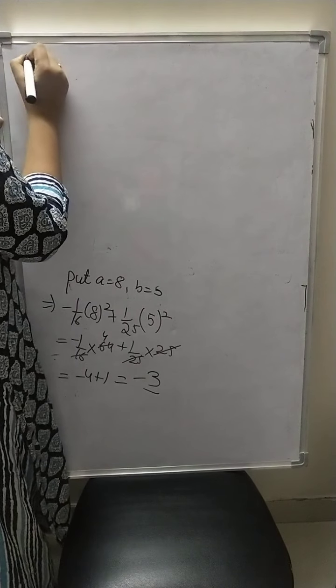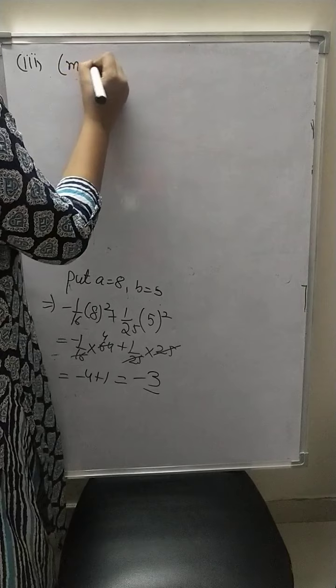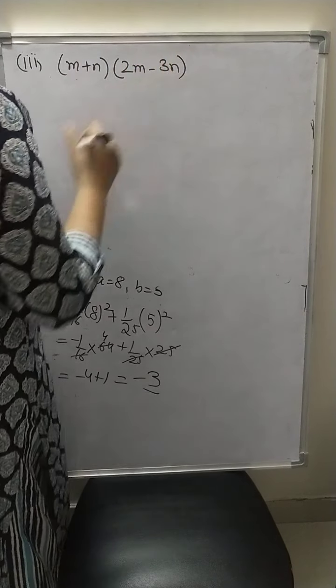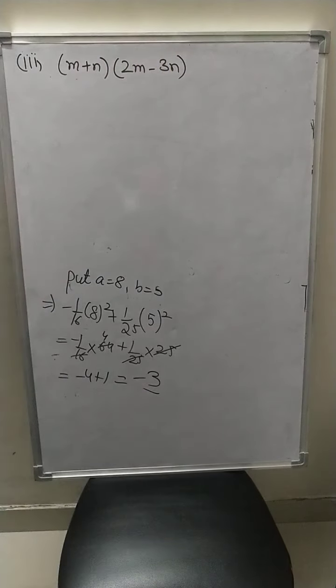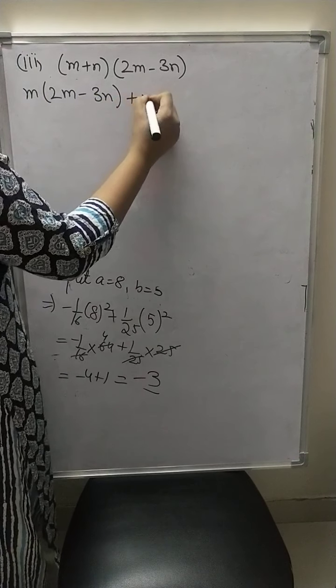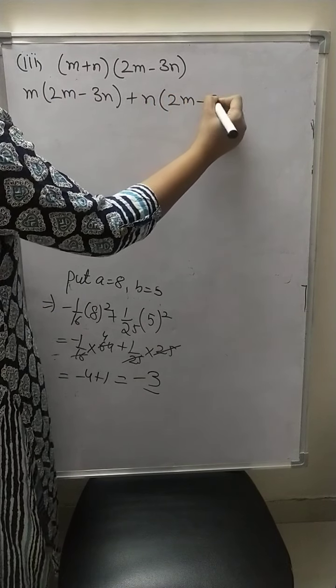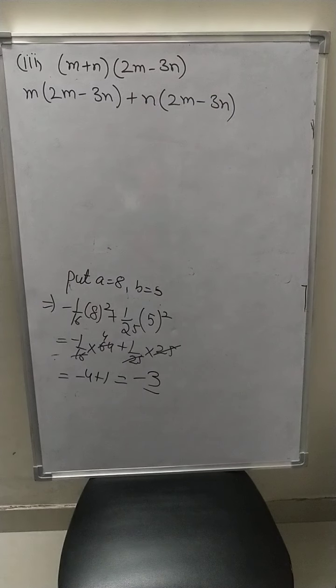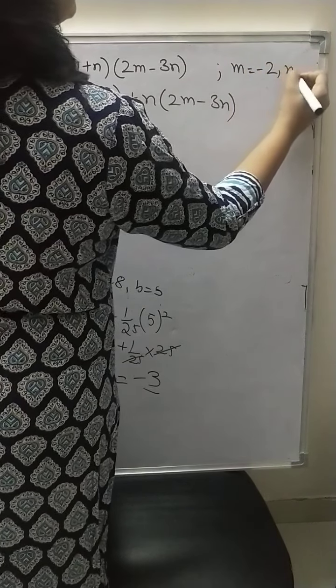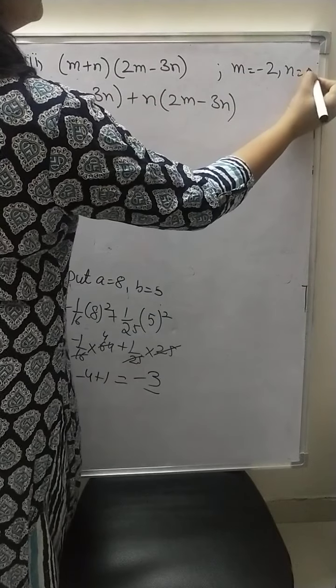The third part, m plus n into 2m minus 3n. So now here m, I'll multiply 2m minus 3n plus n into 2m minus 3n. Also the values of m and n are given, children. The value of m is minus 2 and n is 0. So I write it here only. Later on we will substitute these values.